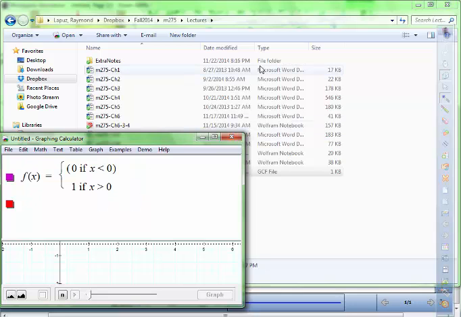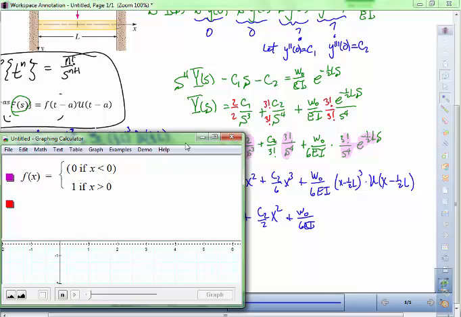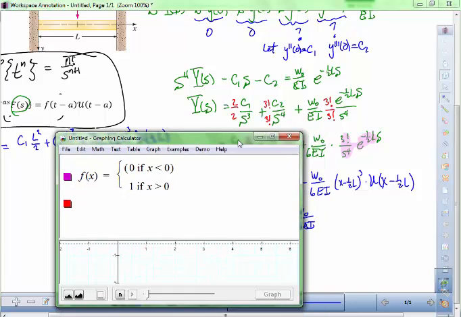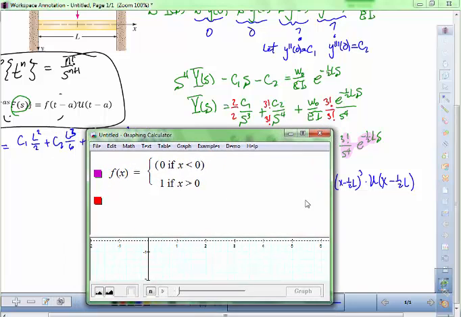All right, our function, I even just want to take out the W naught over 6EI and just focus on this. So let's say Y is equal to X, and then I said L is equal to 2, so I'll just do X minus 1 to the third power times the step function X minus 1.